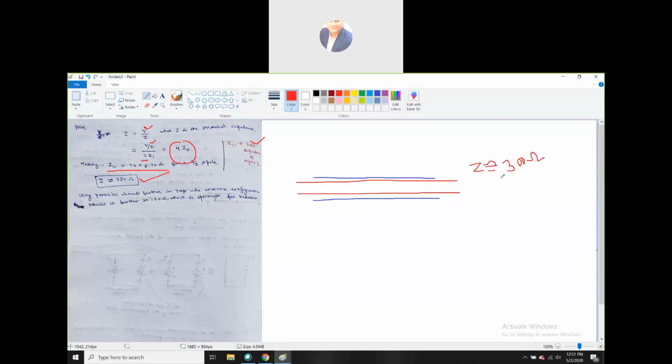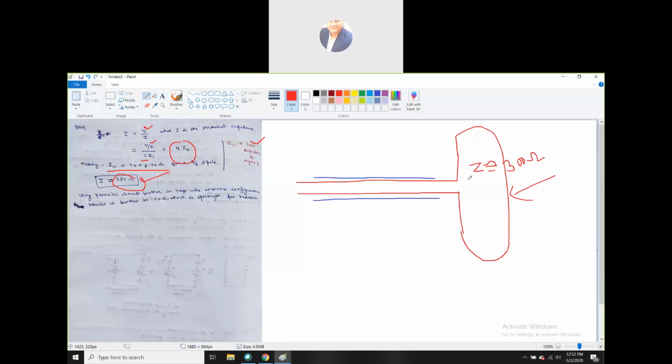So straight away what you will do is connect it to the folded dipole, because this folded dipole itself has an impedance of 280 ohm, so there will be good matching, and you will be able to have the maximum power transfer.